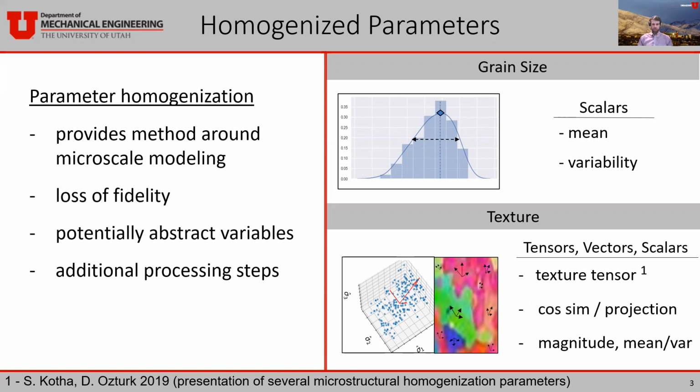Another alternative, which is one-dimensional, is the cosine similarity of a grain z-axis with respect to the direction of tension. This parameter doesn't necessarily contain any additional information that the texture tensor doesn't. However, the standard deviation of the cosine similarity, which is a description of the texture variability with respect to tension, isn't given relative to the variability of texture in any other directions.